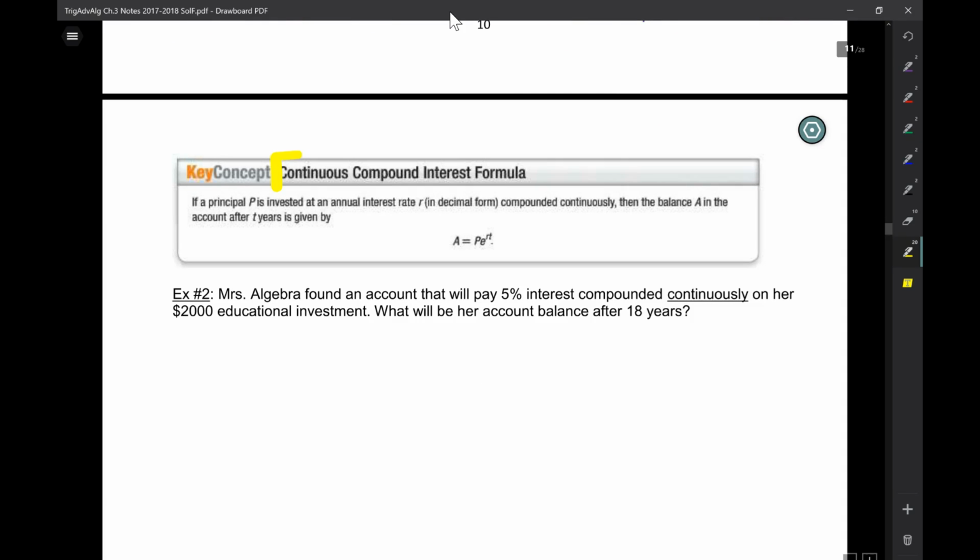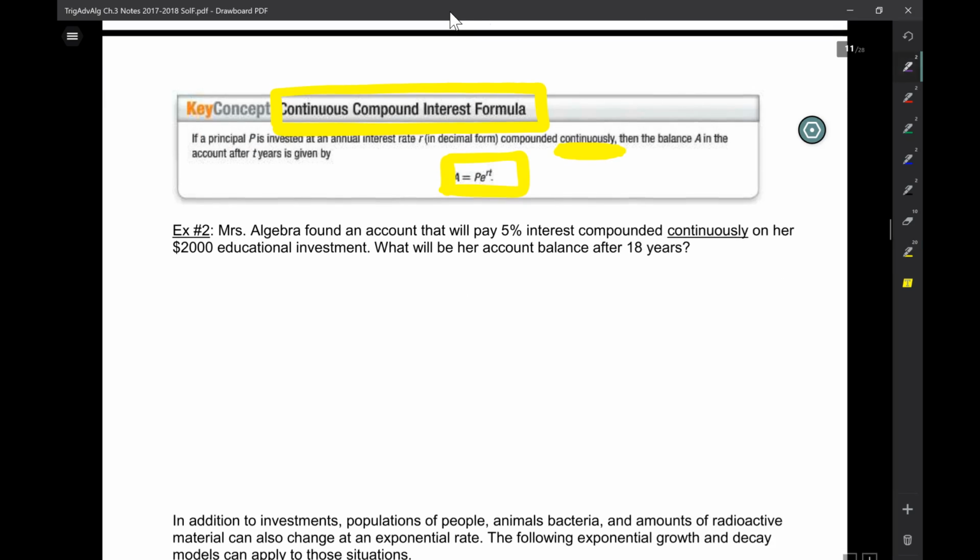That's an actual thing. So now we have continuous interest. It's the Pert formula. You use it only when interest is compounded continuously. So, same situation. P is 2,000.